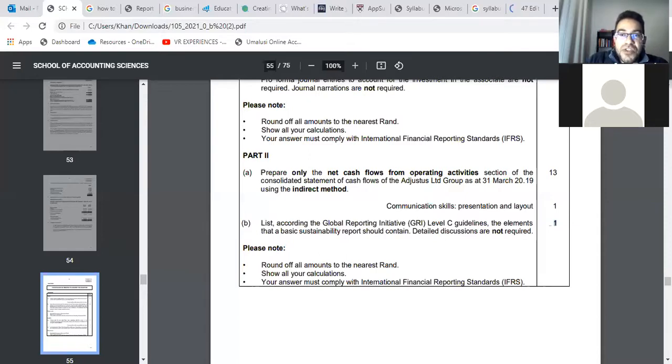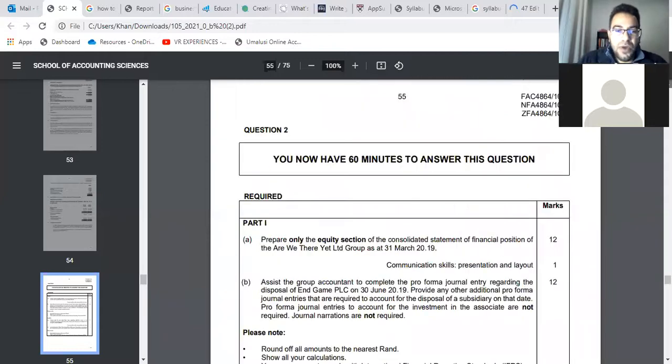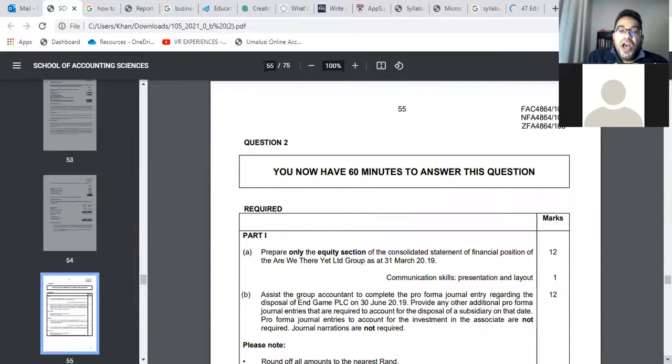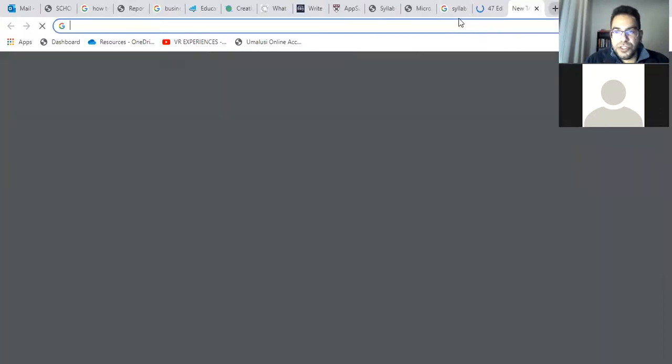So now let's move on to actually answer part 1. So what is part 1? Part 1A, prepare only the equity section of the consolidated statement of financial position of whoever that is. Okay, so let's do that. I'm just going to quickly go to Excel or Google Sheets.